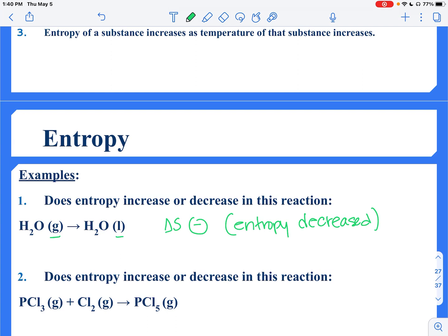You could also look at moles of gas, which is what we're going to rely on a lot. Here you have 1 mole of gas, and here you have 0 moles of gas. So that's entropy decreasing. Either way you look at it, your entropy is going down.